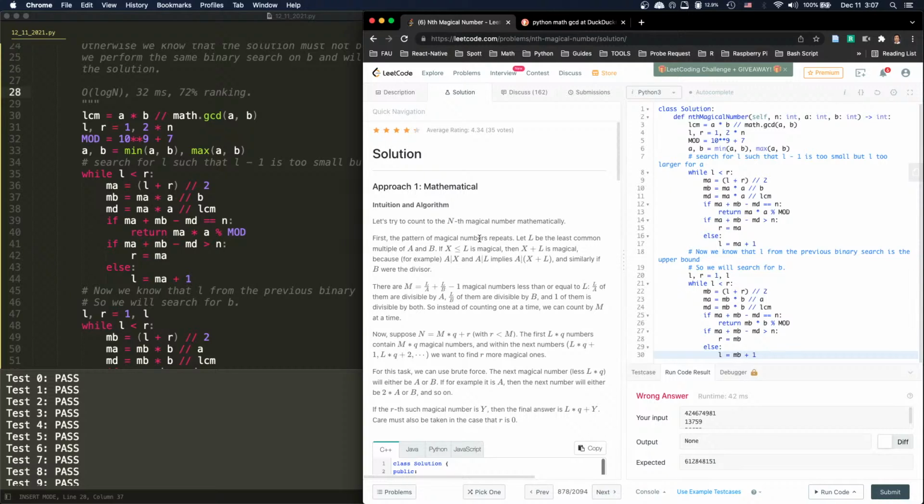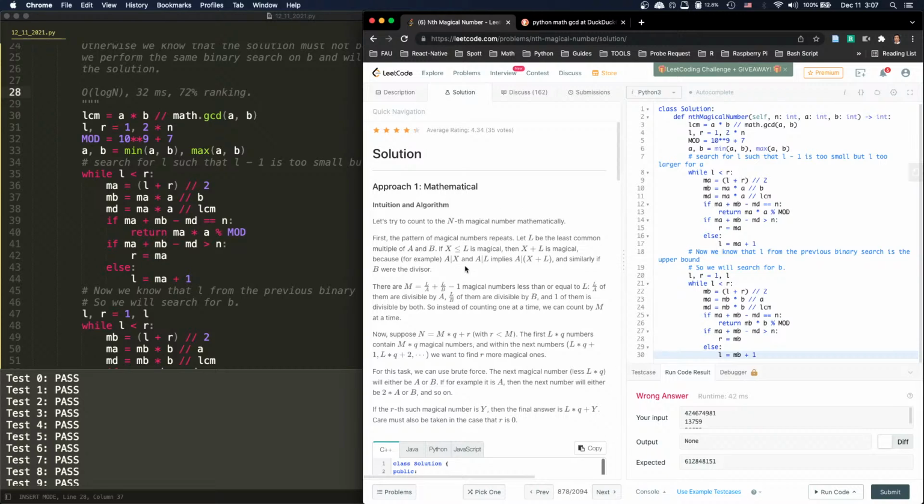The pattern of magical numbers repeats. That will be the least common multiple of A and B. If x smaller or equal to L is magical, then x plus L is magical. There's LCM, right?